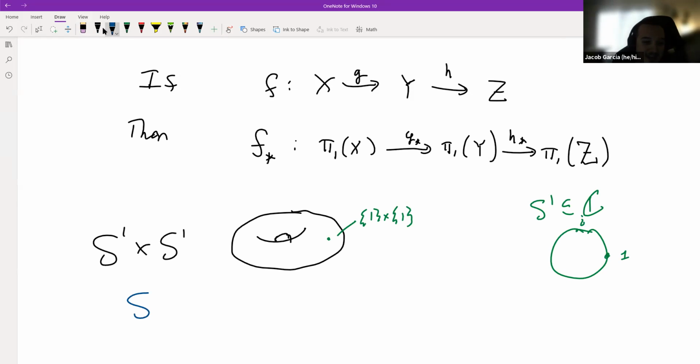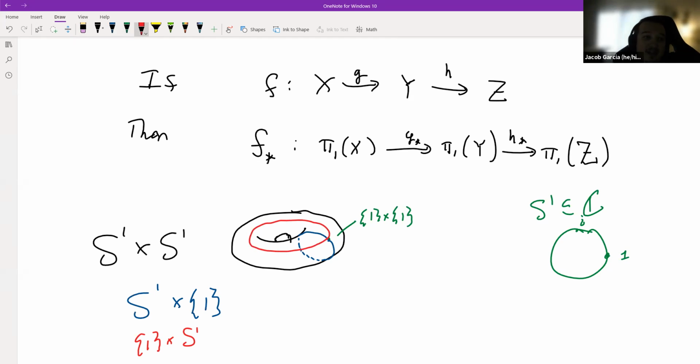Then if I look at S1 cross 1, all that I'm doing is deciding which of these circles is going to be my first coordinate. And when I look at 1 cross S1, that's just going to go the other way around the torus.